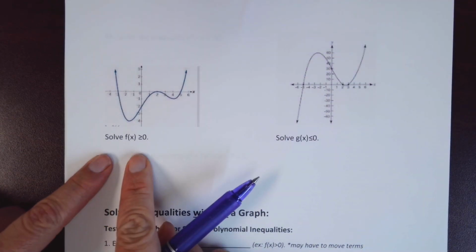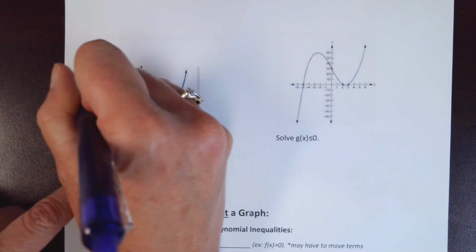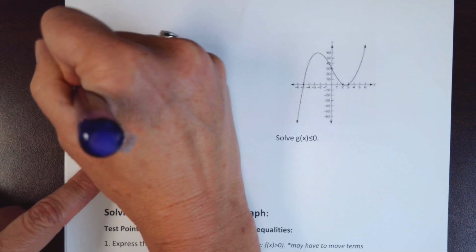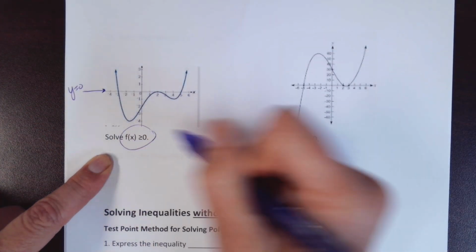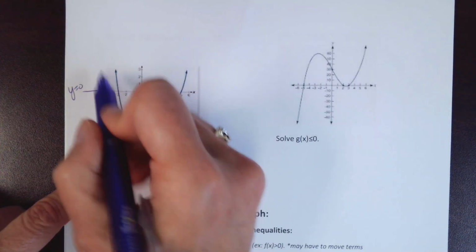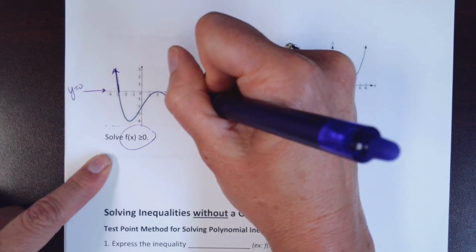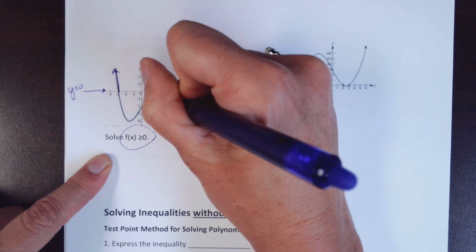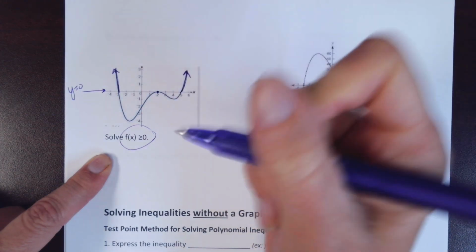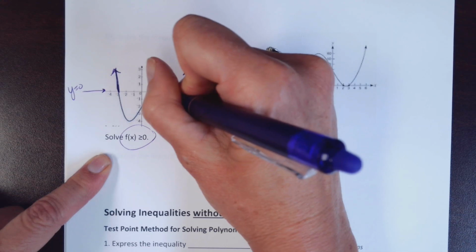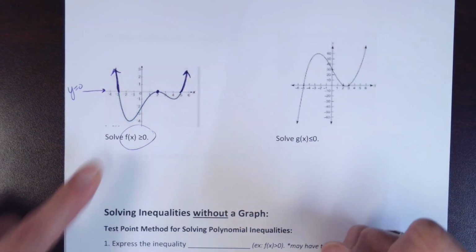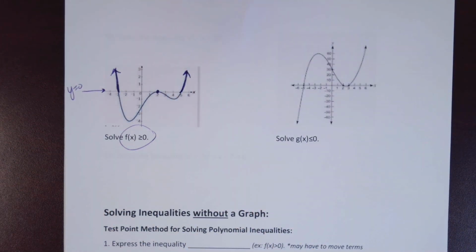So for this one, solve for f of x greater than or equal to 0. Greater than is above. Y is 0 is my x-axis. So if I'm interested in greater than or equal to 0, I'm interested in these parts where my graph is up above or touching the x-axis. That is where my graph is greater than or equal to the x-axis.